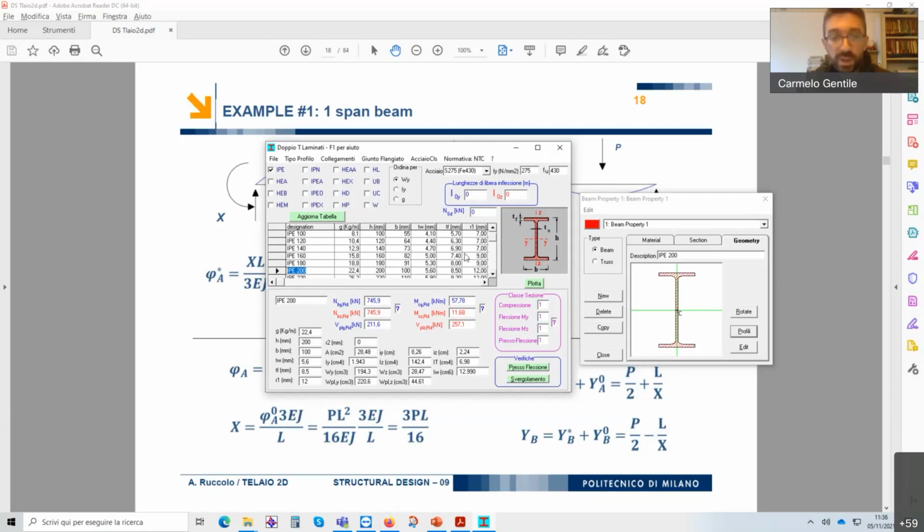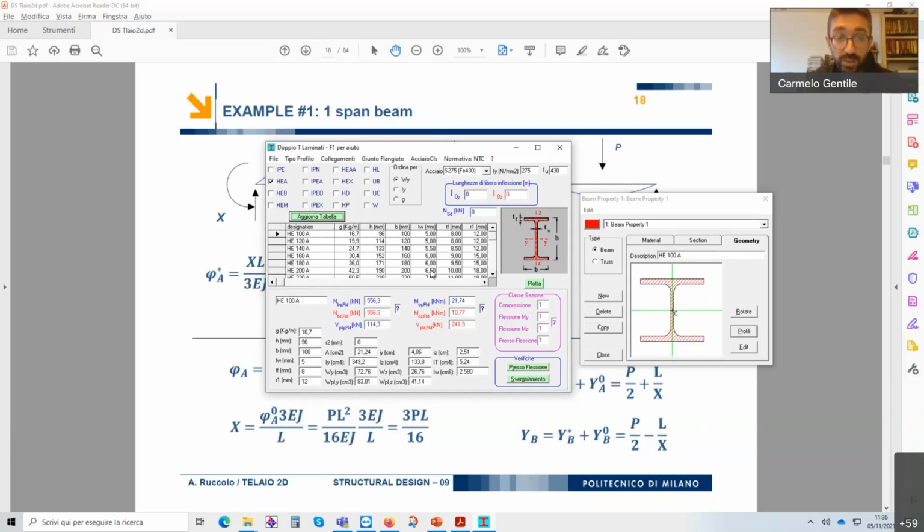Let's say that we want to use an HEA cross-section, HEA 300. So we have to untick IPE up here. So we do not select IPE, but we select HEA. We update the table, "aggiorna tabella".